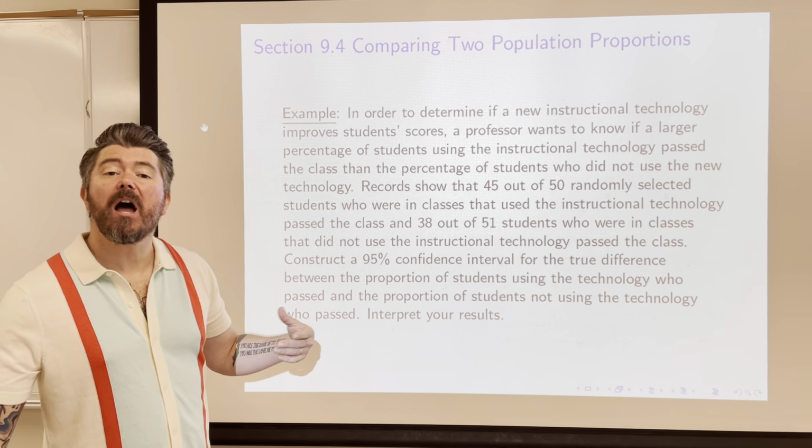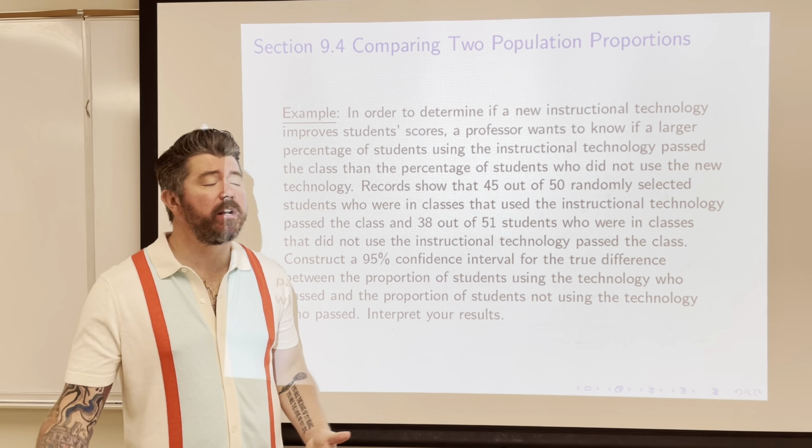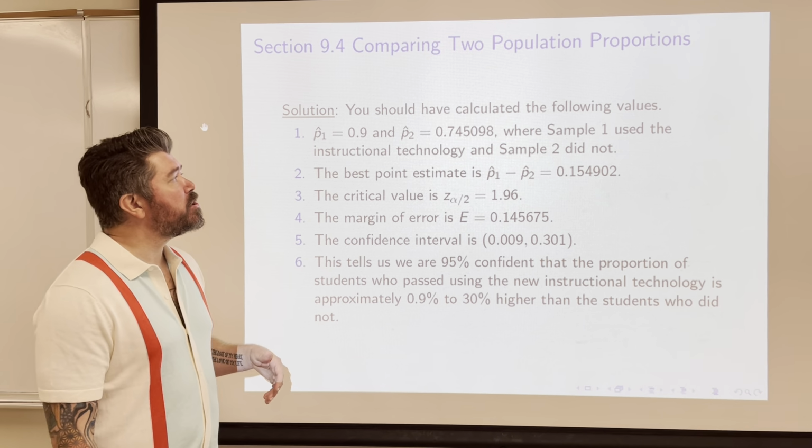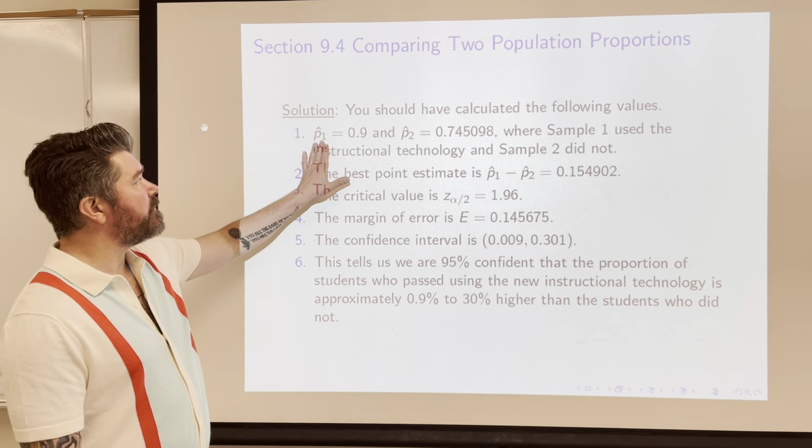Okay, so now we've separated those, and we need to find a few things. We need to find our sample proportions, p hat 1 and p hat 2. This involves finding our sample sizes, n1 and n2. So you should have calculated the following values. p hat 1 is 0.9, and we can see that here, 45 over 50, right? This gives us 0.9.